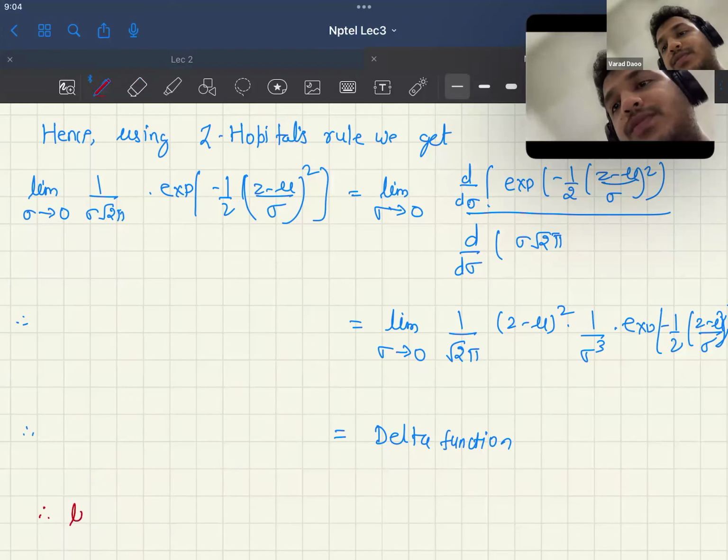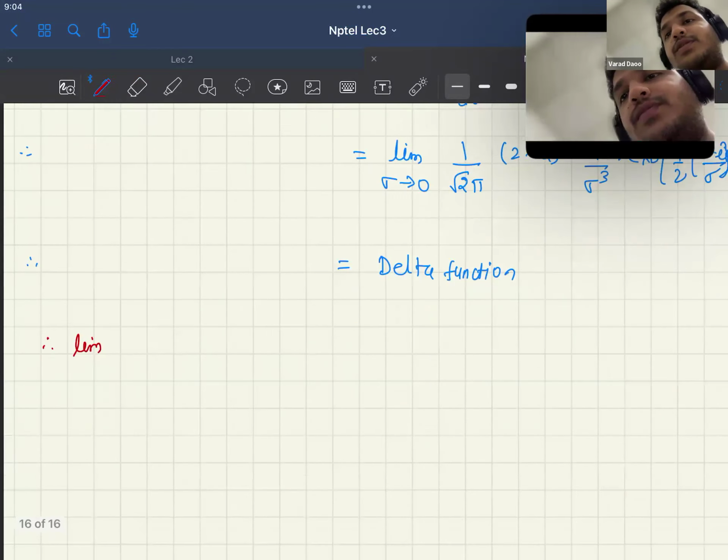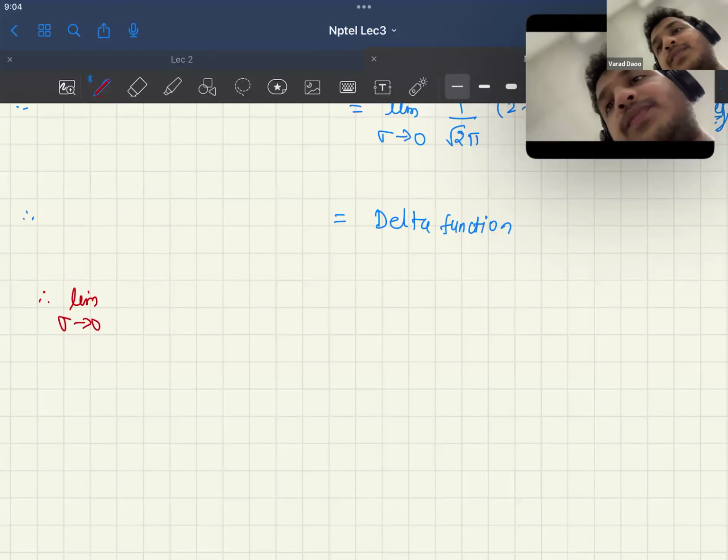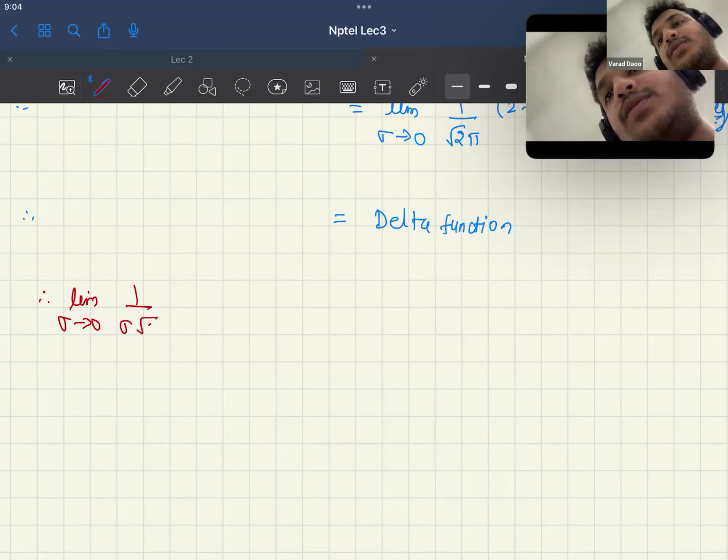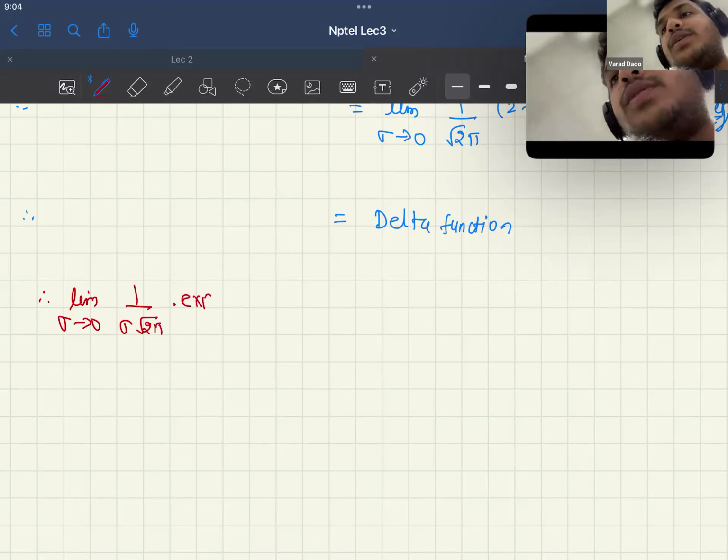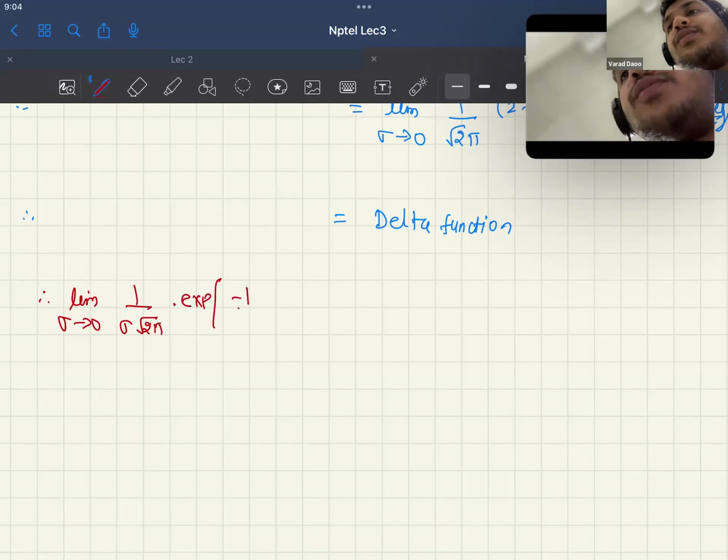Therefore, the limit as sigma tending to 0 of 1 by sigma root 2 pi into exponential of minus 1 by 2 (z minus mu by sigma) square is a delta function. Hence, this is proved.